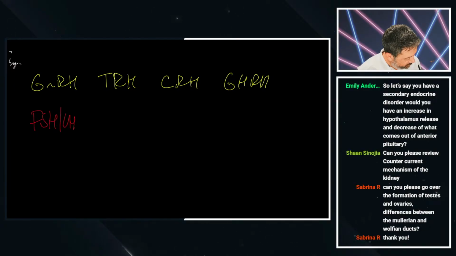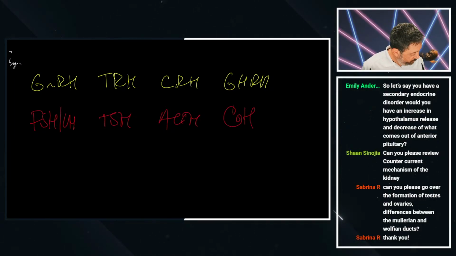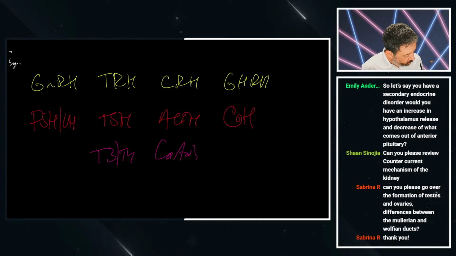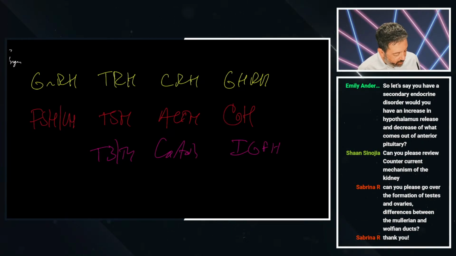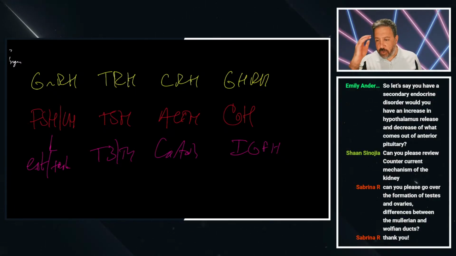Then we have TSH, ACTH, growth hormone. Then you take it down a step further for the ones that need it. T3, T4, cortisol, IGF-1. Next, you can even do estrogen, testosterone. This way you have your levels.